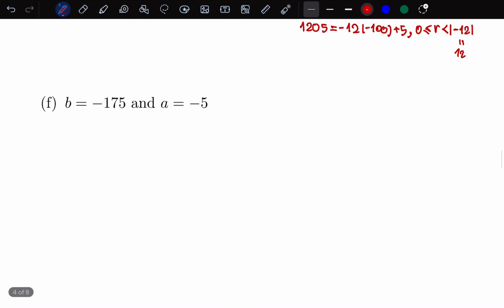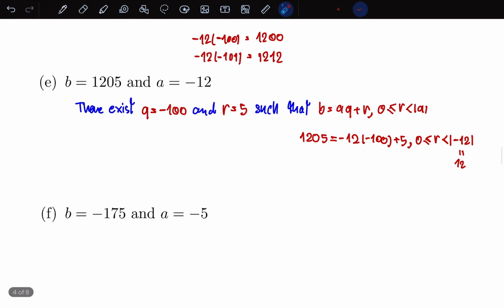And the last one. Okay, if B is minus 175 and A is minus 5, what do we have right here? Okay, so what is the value of Q we need?